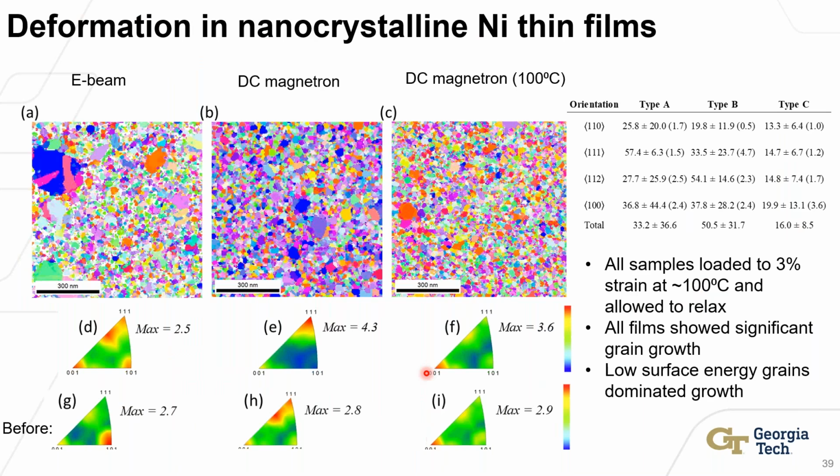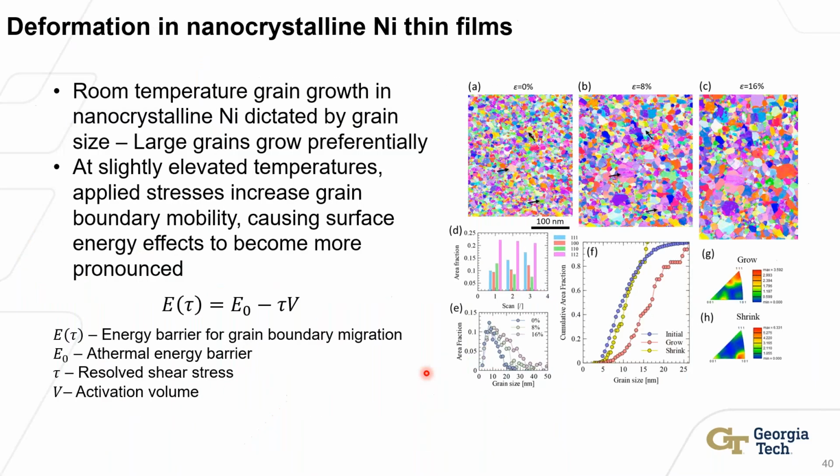Essentially what we're seeing across the board is that low surface energy grains, so the 111 and 001 grains, grow preferentially in the material. So what's happening here? We don't have thermally induced grain growth. We still need the stress in our material, but what we think is happening is the stress is providing energy needed to overcome kinetic barriers to grain boundary migration.